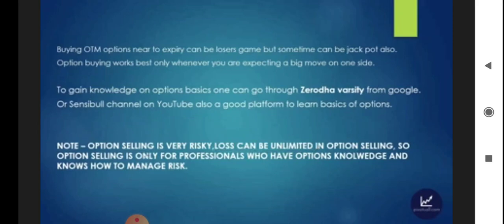So option selling is only for professionals who have options knowledge and know how to manage risk. So have some knowledge before you want to trade in options. Don't just get into options without knowledge, especially option selling. Or even if you are doing option selling, either do hedging or at least keep a stop loss, because option selling can be very risky compared to option buying.